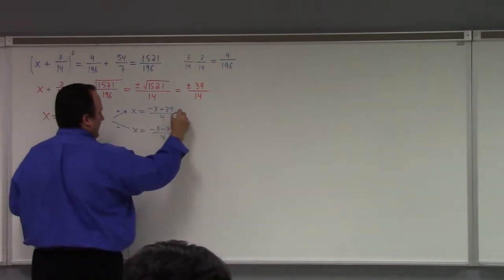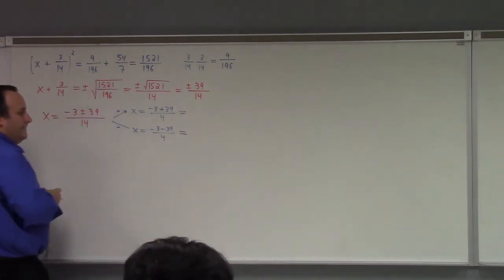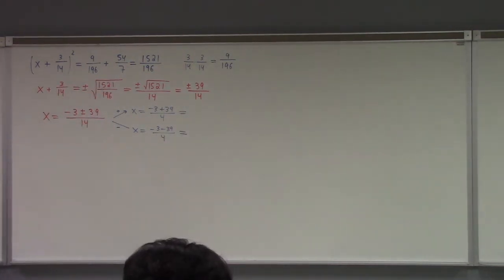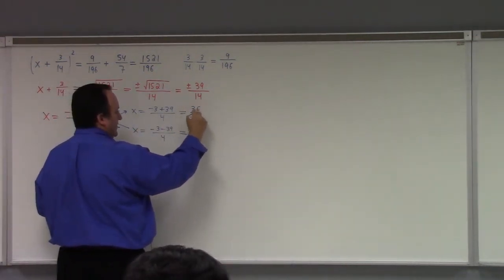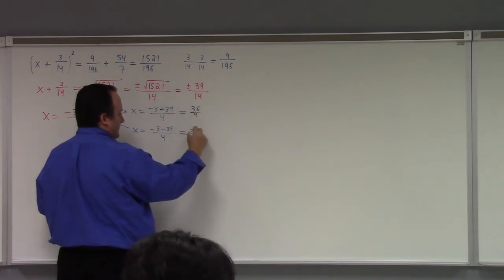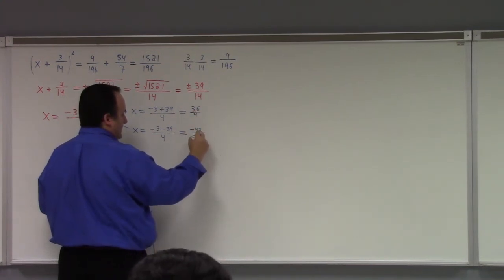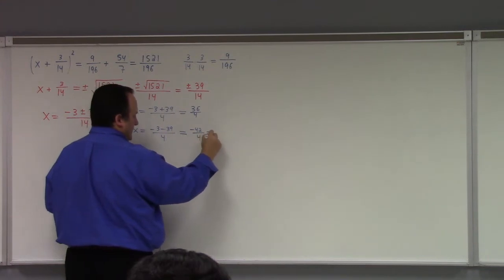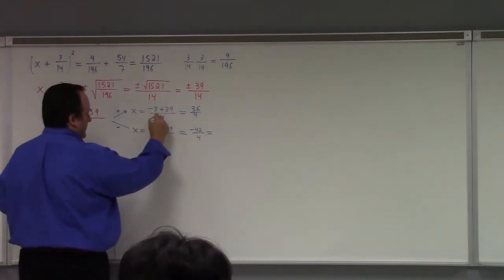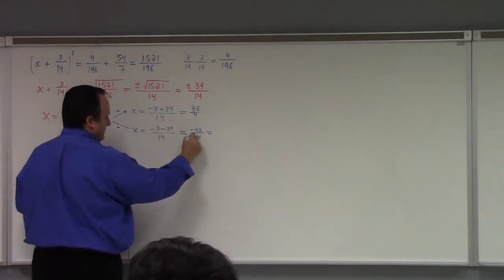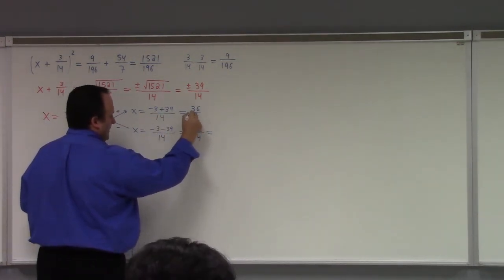Do those simplify? This one's 36 over 14, and minus 42 over 14. Wait, you wrote 4 instead of 14. Oh, yes, I did. Thank you. My bad. I'll fix that. I did it everywhere, didn't I?